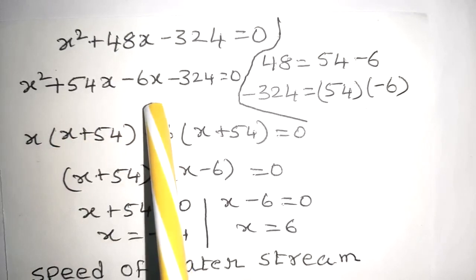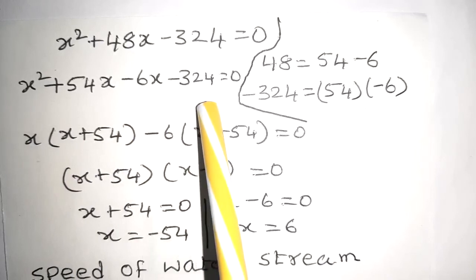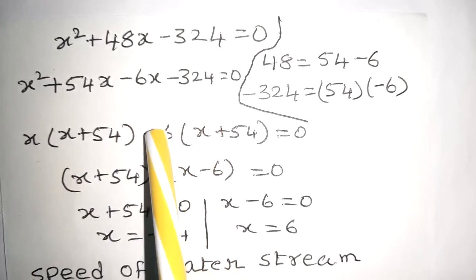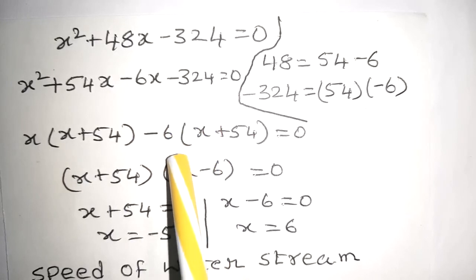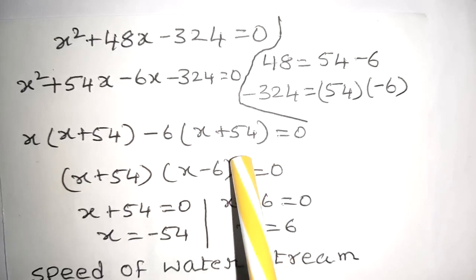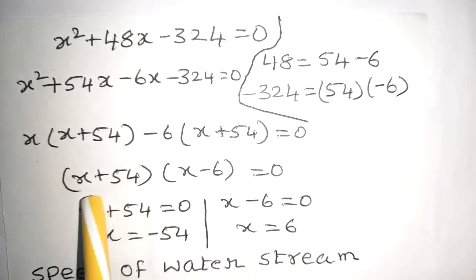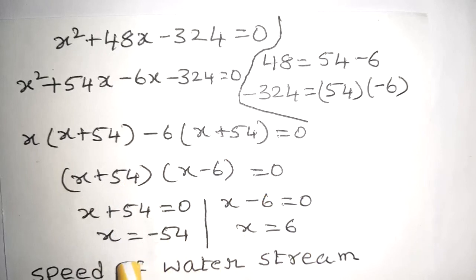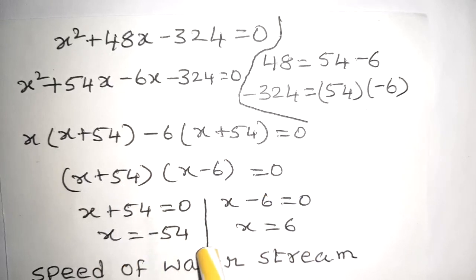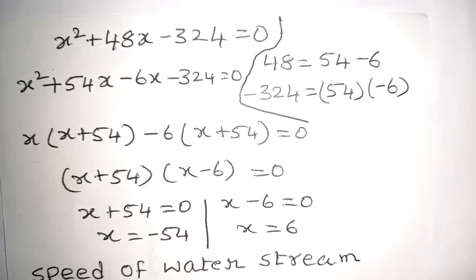Taking minus 6x minus 324 and minus 6 as common factor, we can write minus 6 multiplied by x plus 54. Therefore, we can write x plus 54 multiplied by x minus 6 equal to 0. From this, we get x equal to minus 54 and x equal to 6.